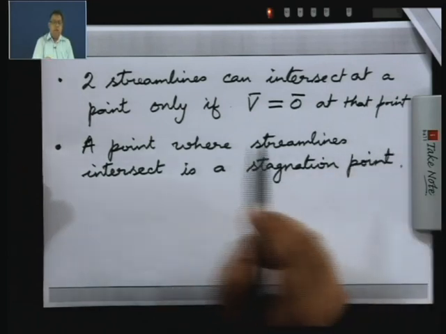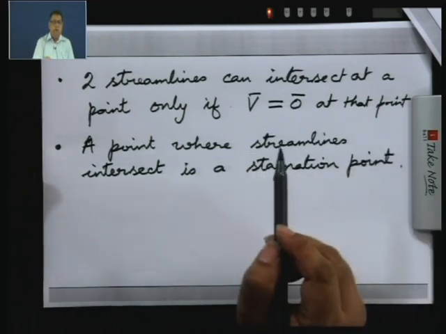So, if somebody shows you the streamline pattern either by solving the equations of motion, maybe using a numerical method, or by doing flow visualization, if you see that streamlines are intersecting at a particular point, you know the velocity at that point must be 0.